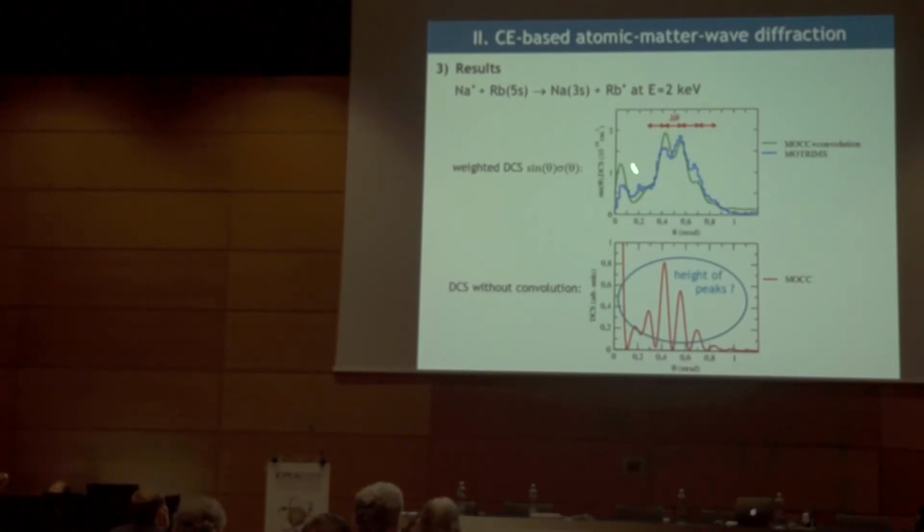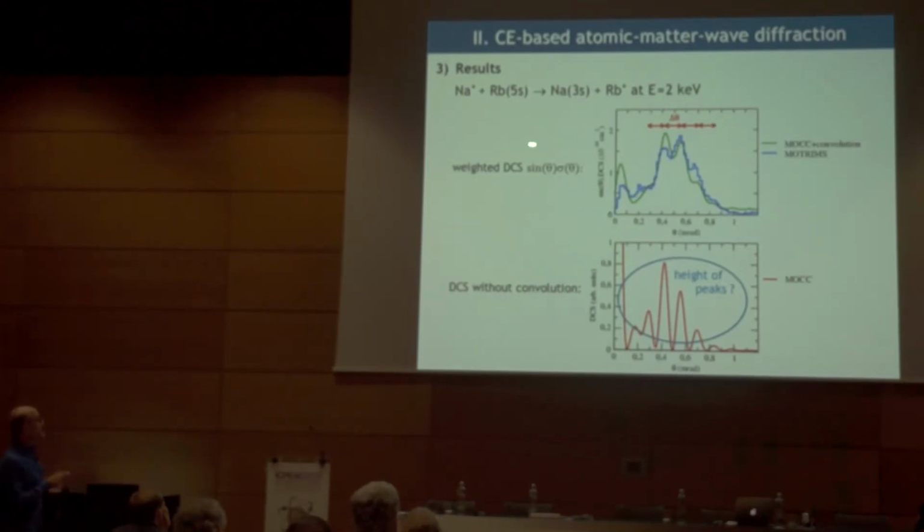Furthermore, some oscillations clearly appear in the DCS. And we can check within the MOCC calculation that the angular spacing between these oscillations is the one which is expected for diffraction. So it is good, but we can ask, does this really correspond to diffraction?